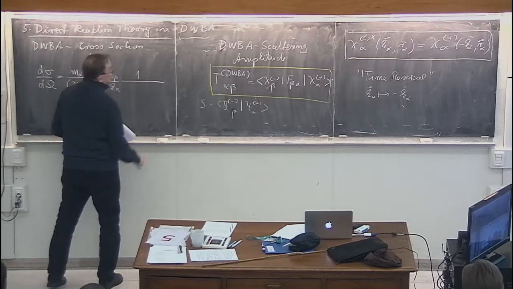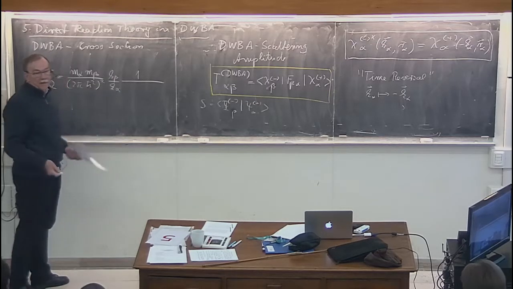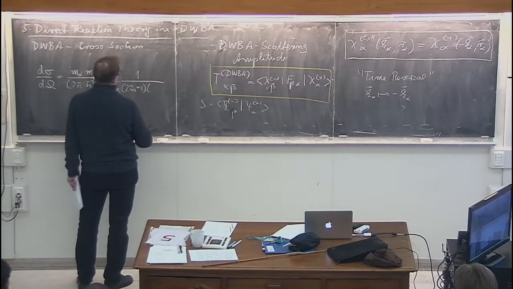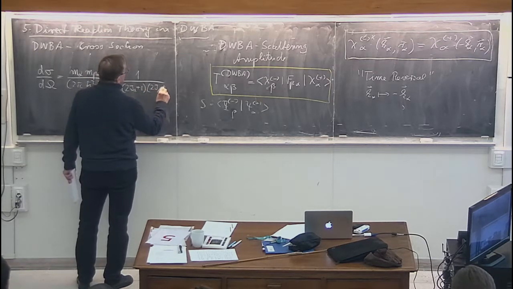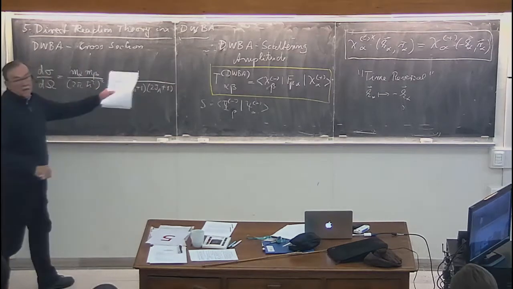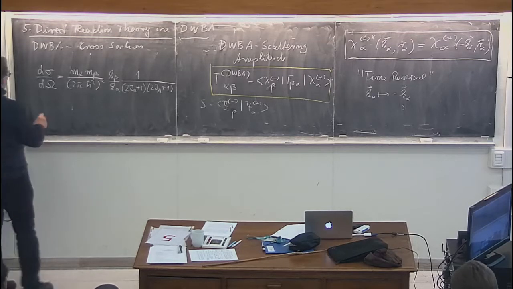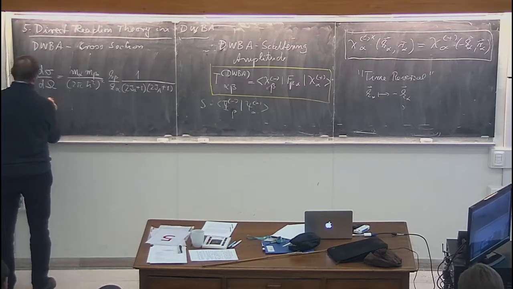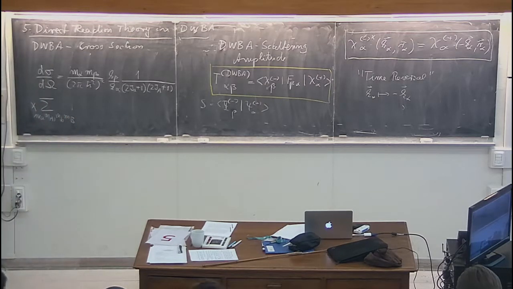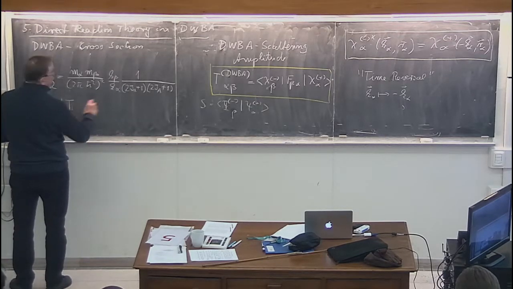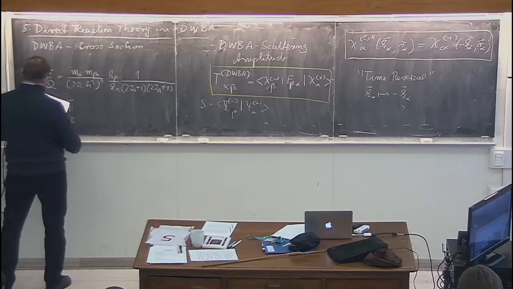Then if the projectile and target typically have their own spin, I have to average over all initial spins of the projectile, all initial spins of the target, and that is the case for the unpolarized cross-section. That is, I'm not observing spin polarization. And then I have to sum over all projections in the final state. And that I have to evaluate, so this amplitude in all those details.